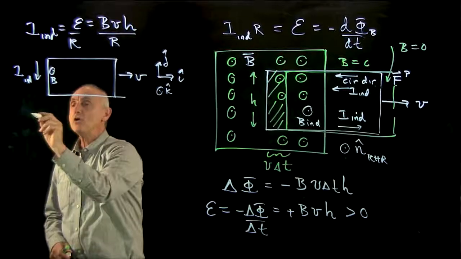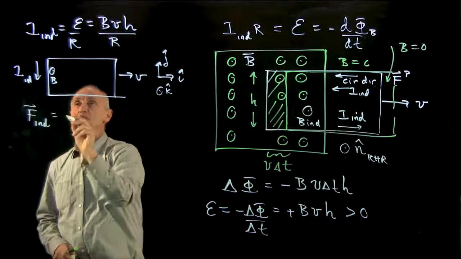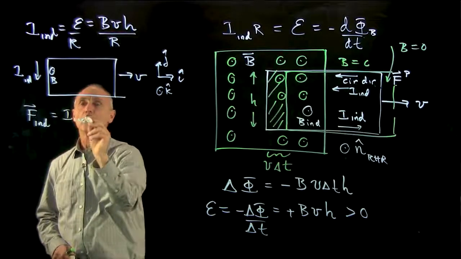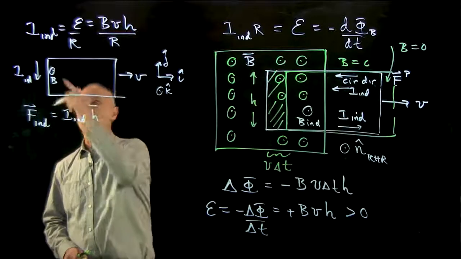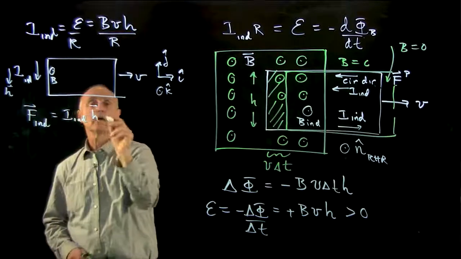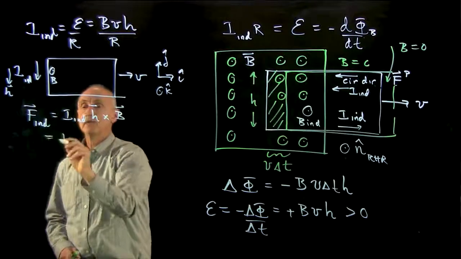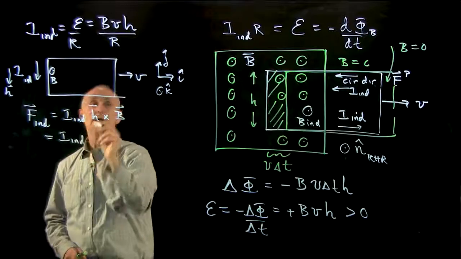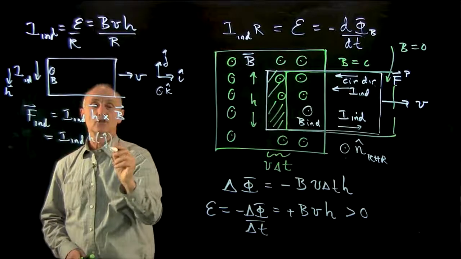Well, I know that there's an induced force which is equal to I induced, we'll call the vector h, pointing down, so h is in the direction of the induced current, cross the magnetic field. And so I get I induced. h is the length h in the minus j hat direction.